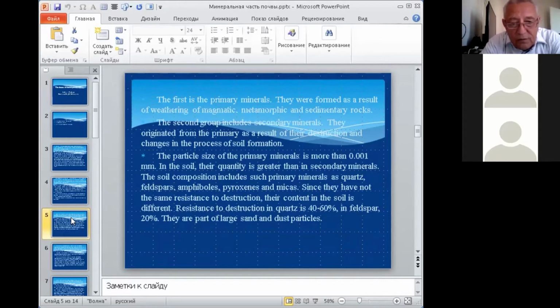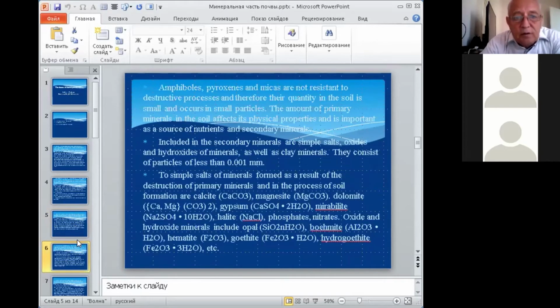They are part of large sand and dust particles. Amphiboles, pyroxenes, and micas are not resistant to the destructive process, and therefore their quantity in the soil is small and occurs in small particles.